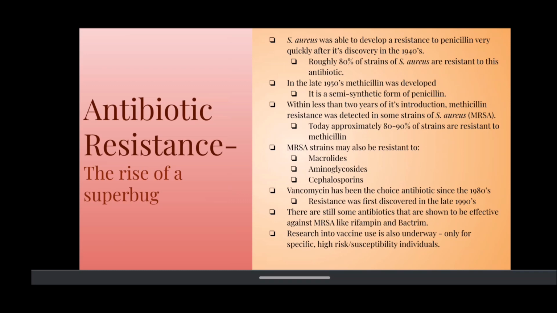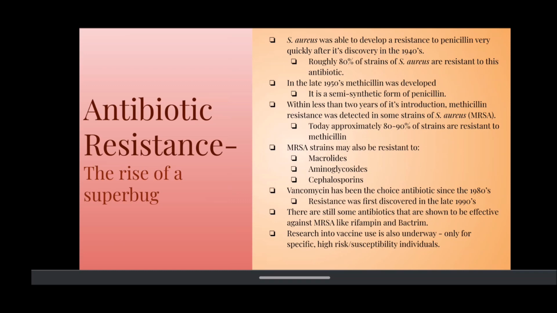In the late 1950s, around 1959, methicillin was developed as a semi-synthetic form of penicillin, which could still work on Staph aureus. And by 1960, 1961, resistance was detected in some strains of Staph aureus and is commonly known as MRSA. And today, roughly 80 to 90% of strains will be methicillin resistant.